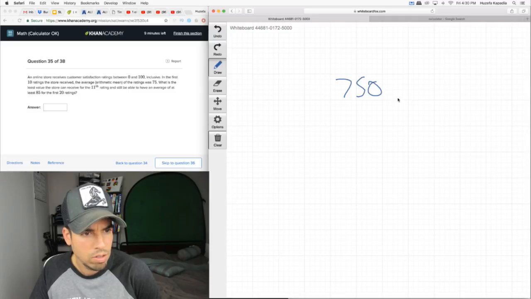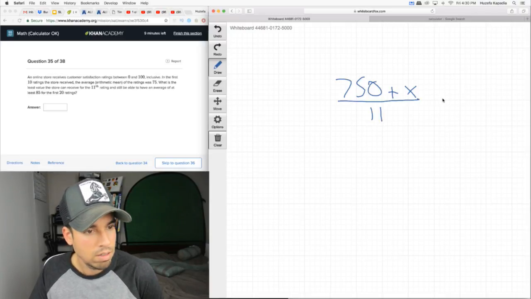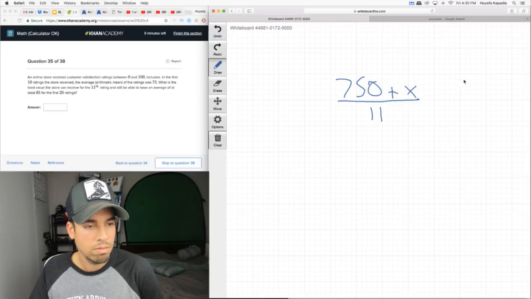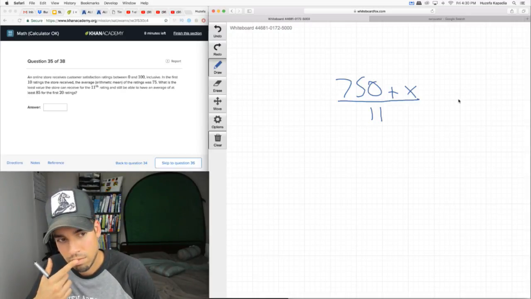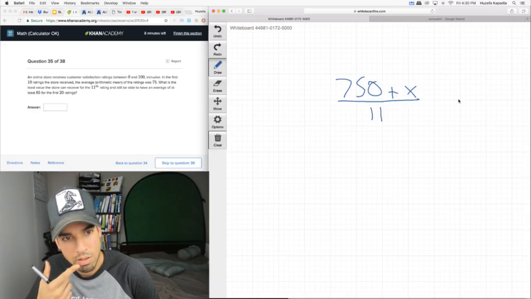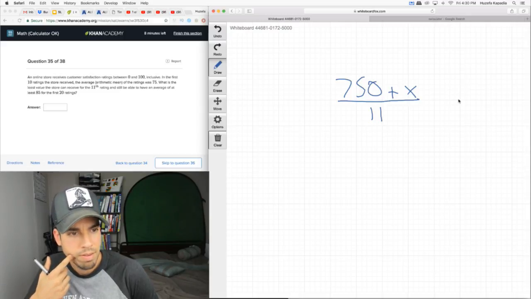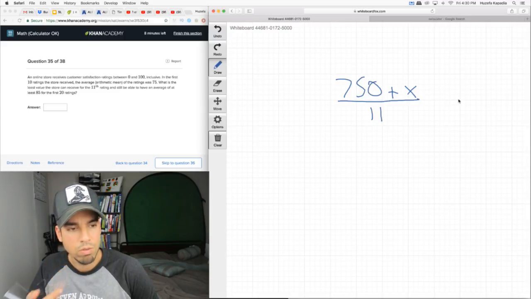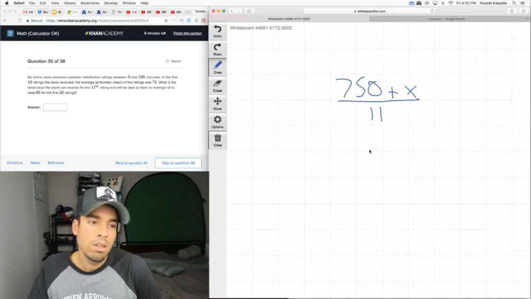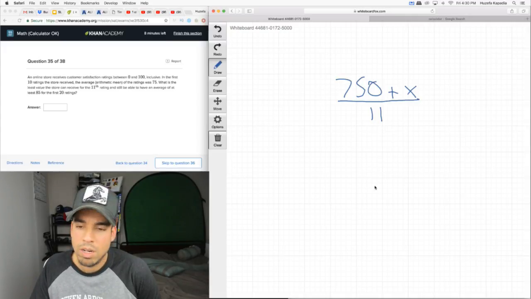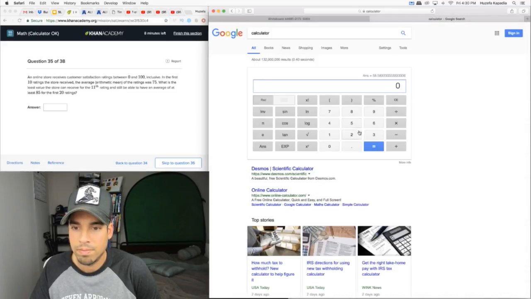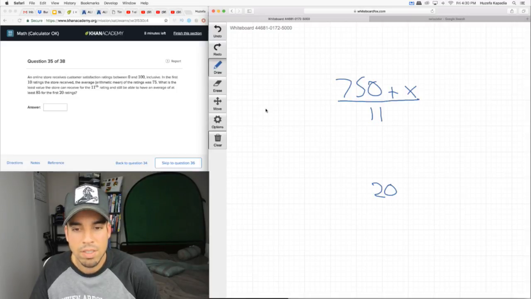What is the least value the store can receive for the 11th rating and still be able to have an average of at least 85 for the first 20 ratings? Oh, I get it. If we want 85 for the first 20 ratings, that's 20 times 85 equals 1,700.